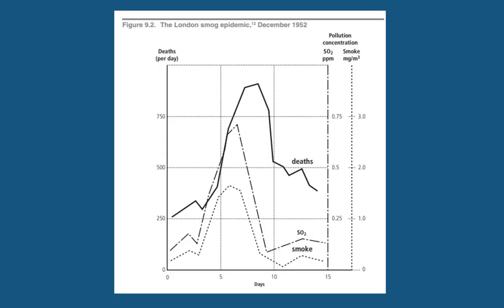So here we see the London smog epidemic, December of 1952. And in it, we can see where they're charting increasing numbers of deaths related to rises in smoke and SO2 parts per million.